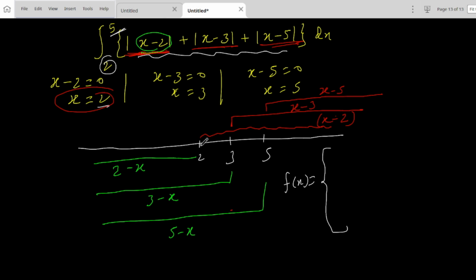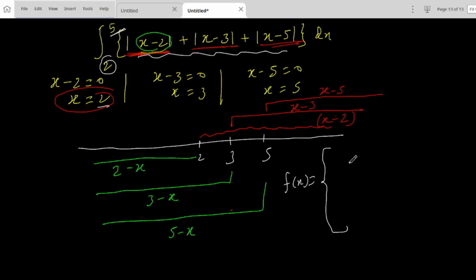So between 2 and 5 we have only one critical point, 3. So there would be only two expressions, 2 to 3 and 3 to 5.